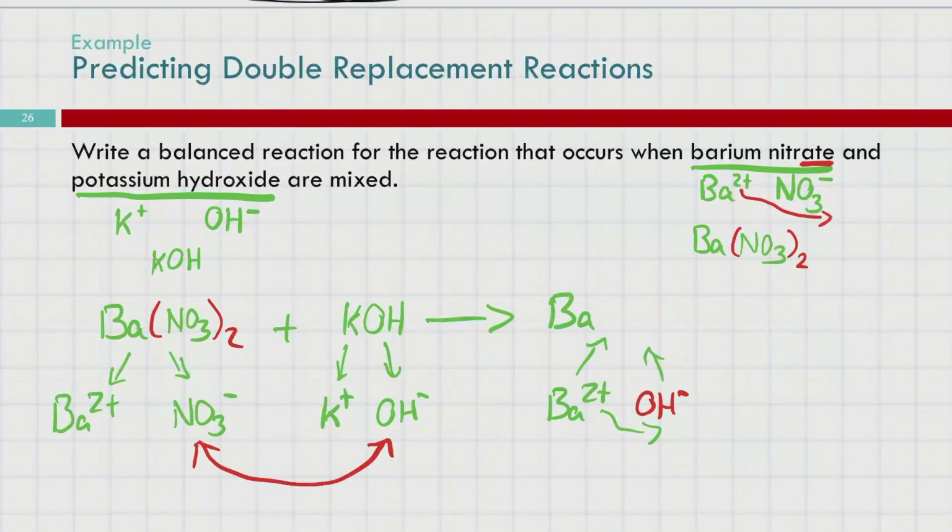So we'll have Ba(OH)2. And then we've got our other set of ions, the K plus and the NO3 minus. Since these are a 1 positive charge and a 1 negative charge, these will combine 1-to-1. So this is KNO3.